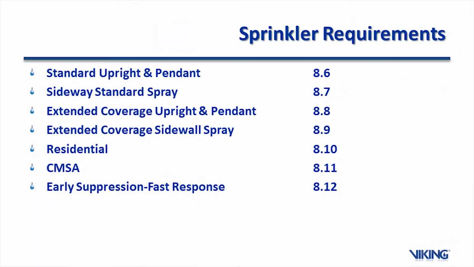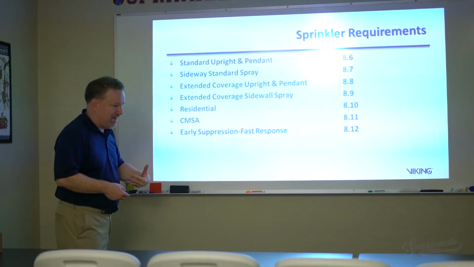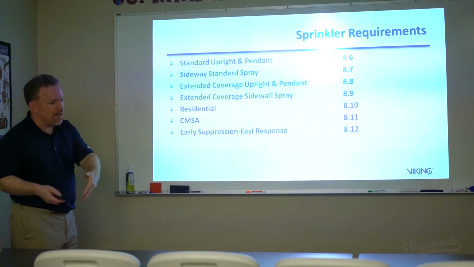So you apply all the general rules, 8.1 through 8.5, and then you apply standard spray pendant and upright. Not sideway, but sidewall sprinklers, that should be changed. Extended coverage sidewall, residential, CMSA, and early suppression fast response. Those are the ones we have in the standard right now.